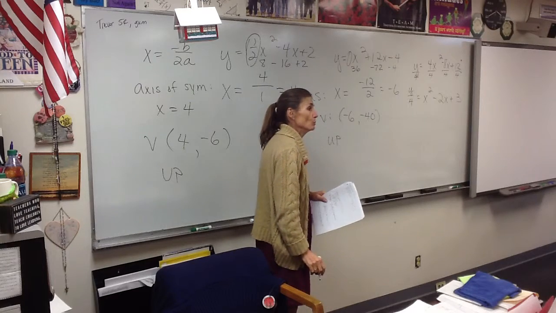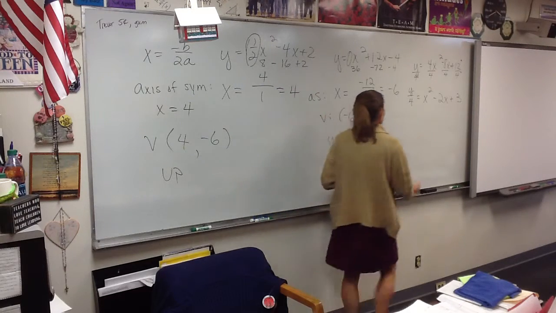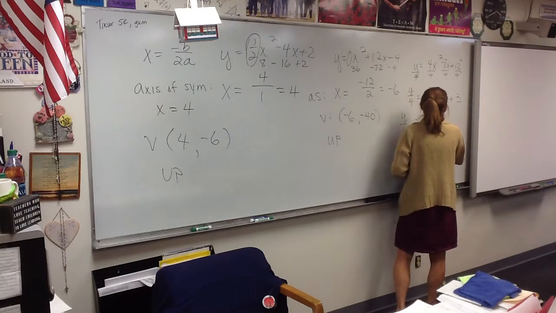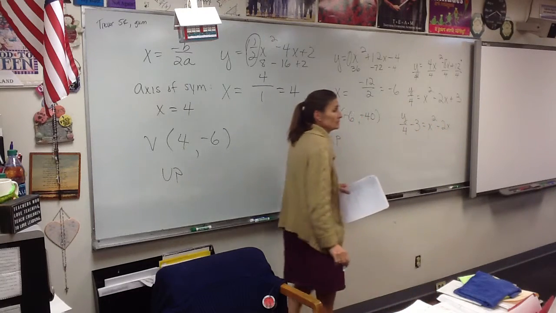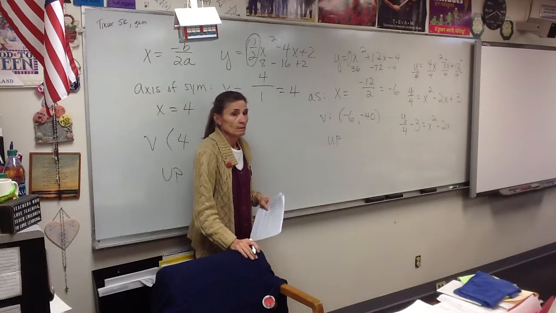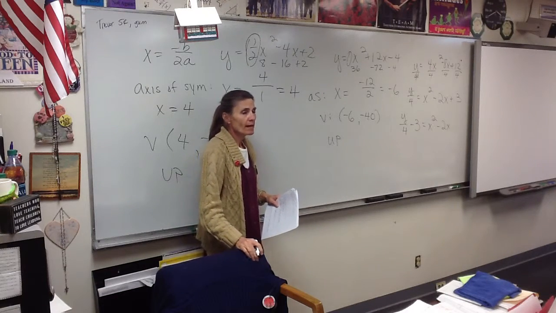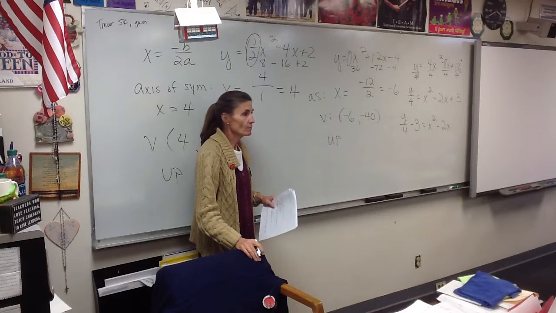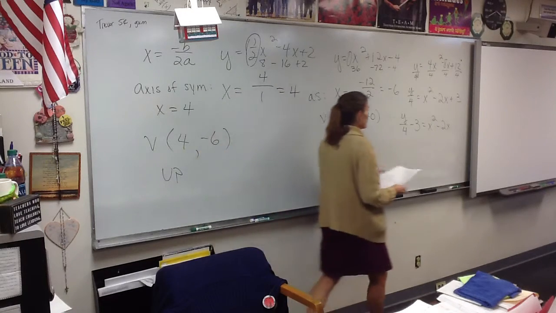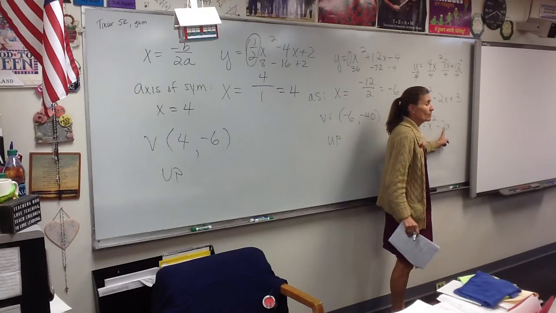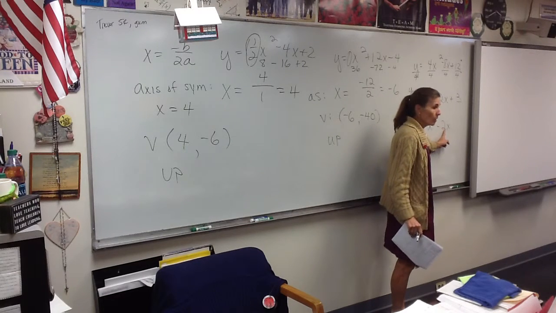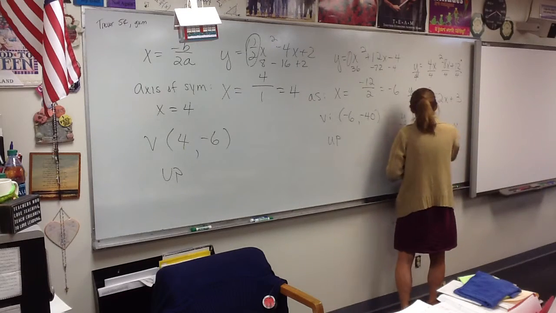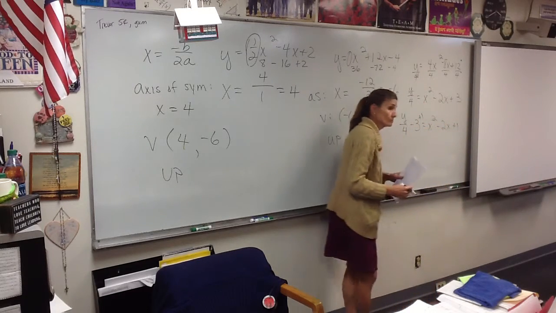Step 2, subtract 3. Now we got to actually complete the square. Okay, so how do we do that? What do we do? Take half of 2. What's half of 2? 1, and square it. 1. So we're going to add 1 to both sides.